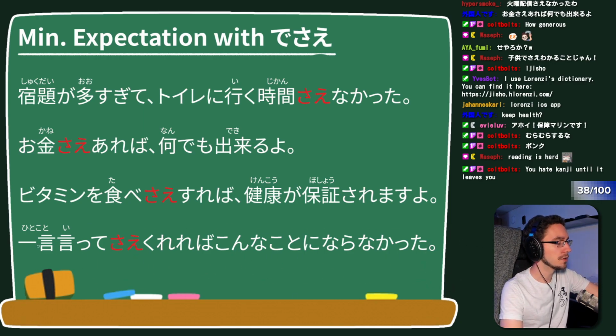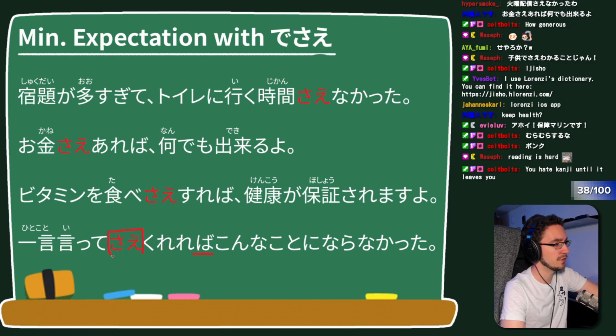So, 一言言ってさえくれればこんなことにならなかった. Once again, we have a conditional. Like I mentioned, there is very often going to be conditionals combined with these. They don't have to be, but it's very common because when you're talking about these minimum requirements, there you go. And you can also see the positioning here of sae, which is very interesting actually.